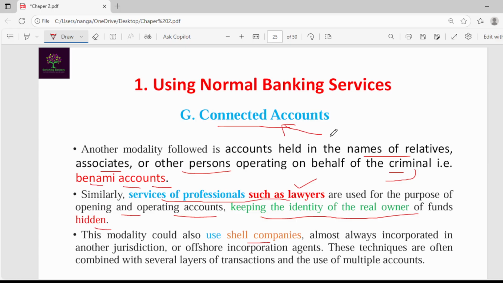They are the authorities for the genuineness of that company. So nobody gets doubt on these professionals. That's why money launderers and terrorists use these connected people's accounts, and they convert their illegal funds to legal funds.